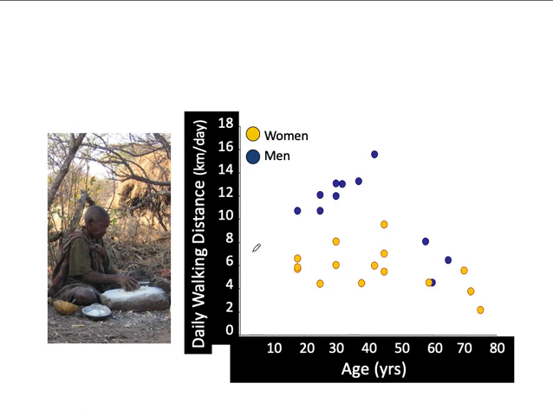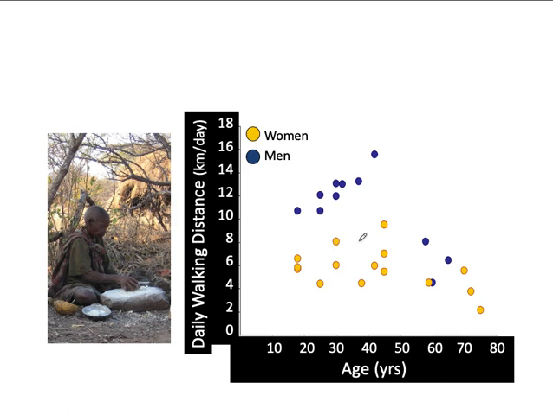Here's some data looking at daily walking distance, which is kilometers per day. 1 kilometer is just over half a mile, so 0.6 miles is 1 kilometer. The blue dots are men and the yellow dots are women. At a max, we see that the daily distance is like 15 or 16 kilometers observed here, and a minimum for relatively younger individuals is about 4 or 5 kilometers per day.